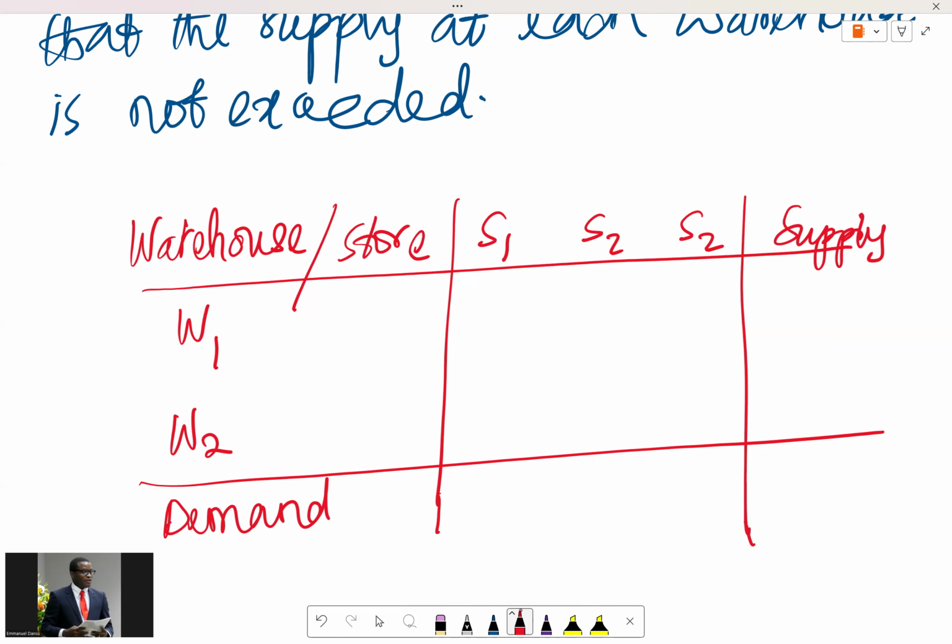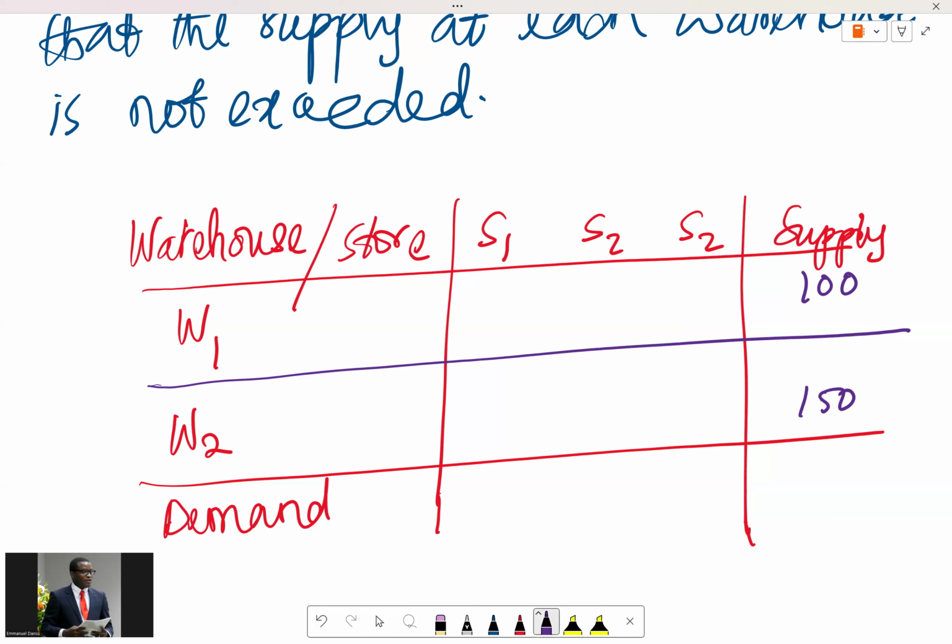So warehouse one can supply 100 items, and then warehouse two can supply 150.